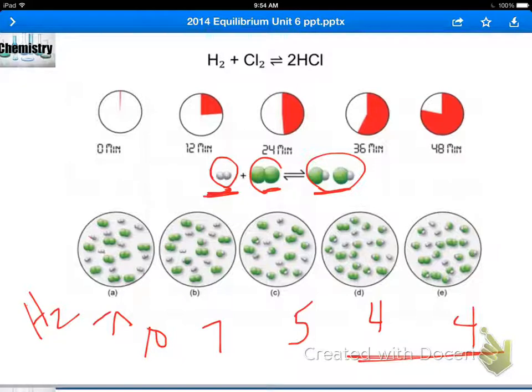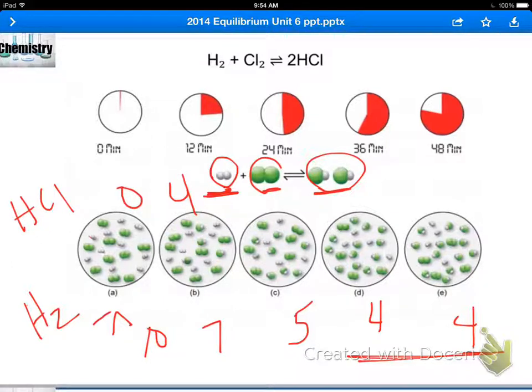Now let's do it using HCl and show you that it's going to be the same thing. So here I have no HCl because it hasn't formed yet. I only have reactant. Here I have, let's see, looks like 4 HCl. Here I have 5. I'm a little bit blind, I need to get my glasses so I can see this.